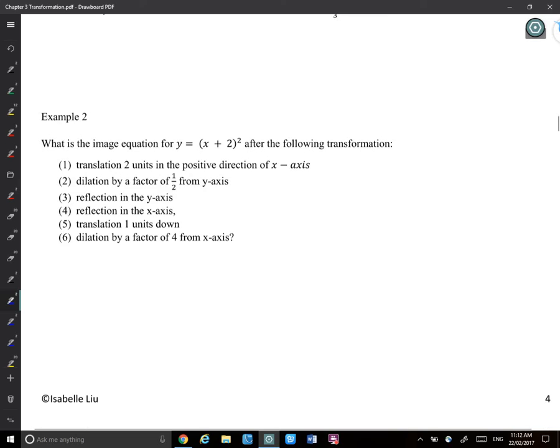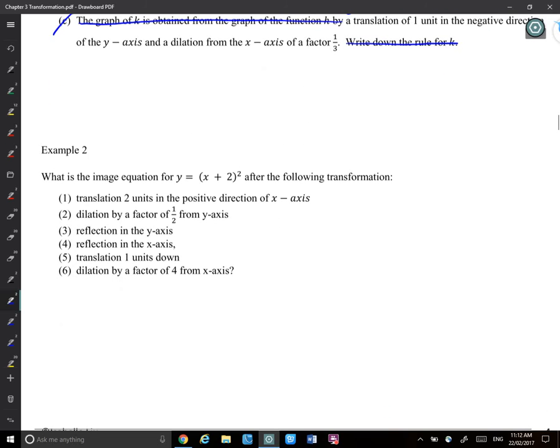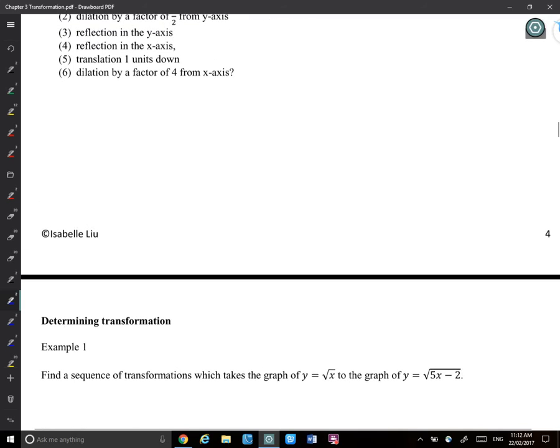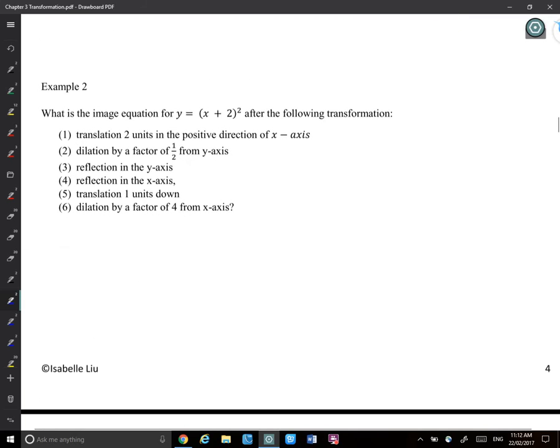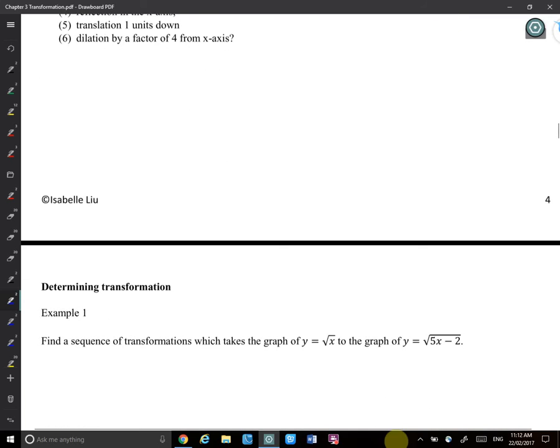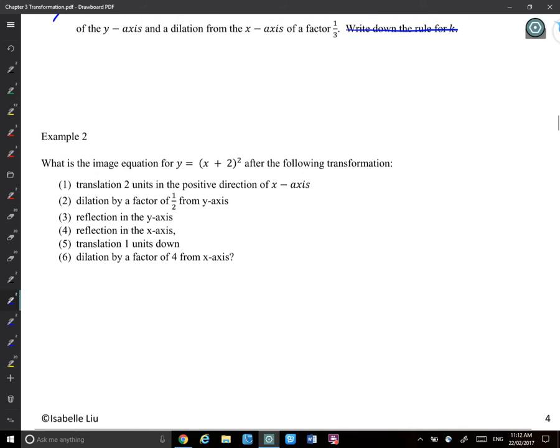Okay, let's look at example 2. Example 2 has 6 kinds of transformation here. The class finishes at 11:25, so I'll give you 3 minutes. Try to think about how to do this question. Just think by yourself, okay?